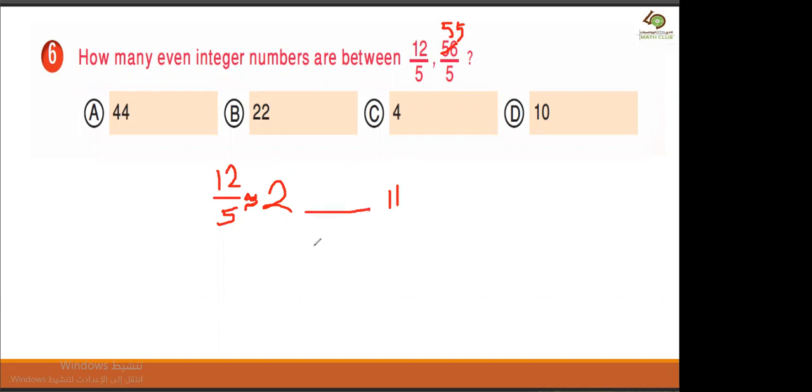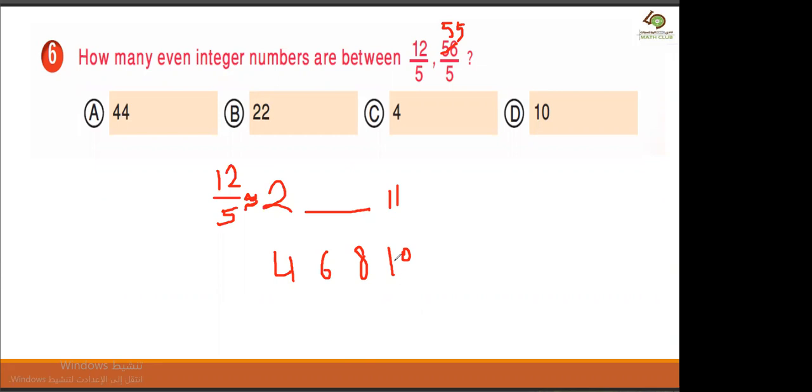What are the even numbers between 2 and 11? It is what? Can you write with me or can you help me? 4, 6, 8, 10, right? So how many numbers do I have? Oh, not 5, 4.